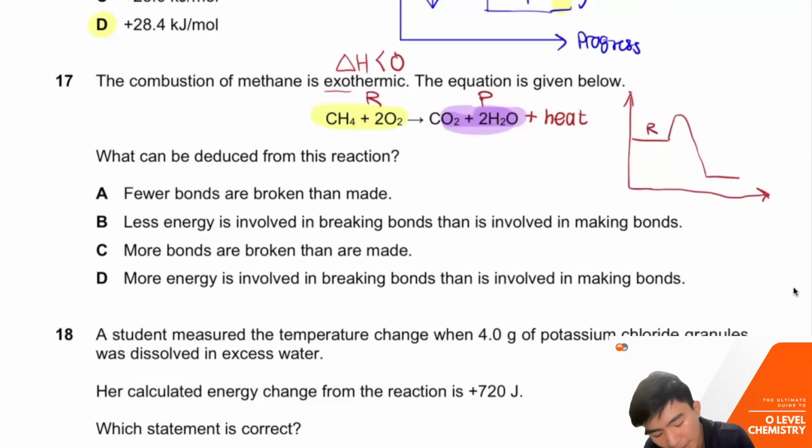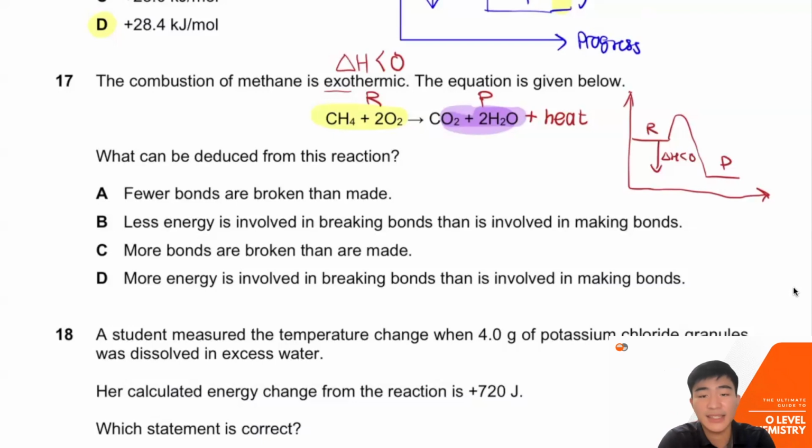Reactants become product, so delta H is less than zero. With this understanding, we know the overall energy is released. That means it takes less energy to break bonds than is released to make bonds, to form the bonds.